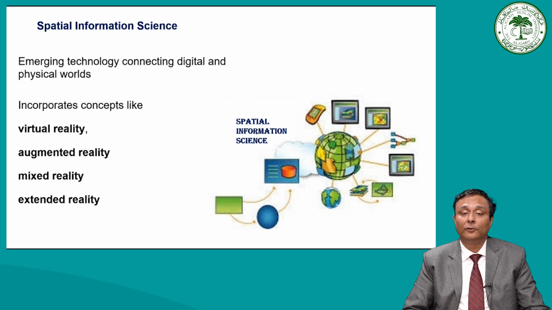And if we are not able to effectively manage all these processes which are active in a city, then the reality of a smart city will not be so effective. So that is what I would say in summing up the importance of spatial information science for all of us.